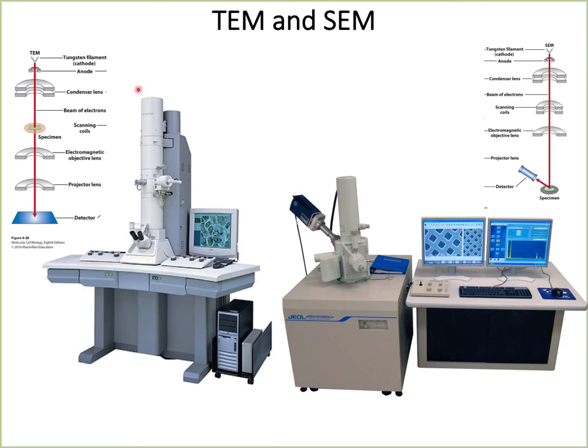You take out that small rod, put the sample in there, and then you vacuum seal it, and that happens automatically. Then you have the objective and projection lens. At the bottom, you have the fluorescent screen that you visualize with your eyepieces, and underneath there are cameras which capture the images as well. These are all your controls for the condenser, objective, and projection lenses.